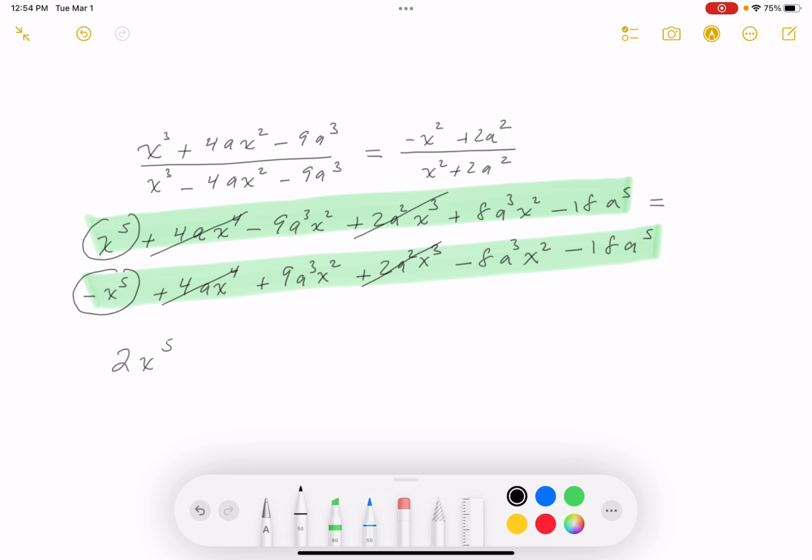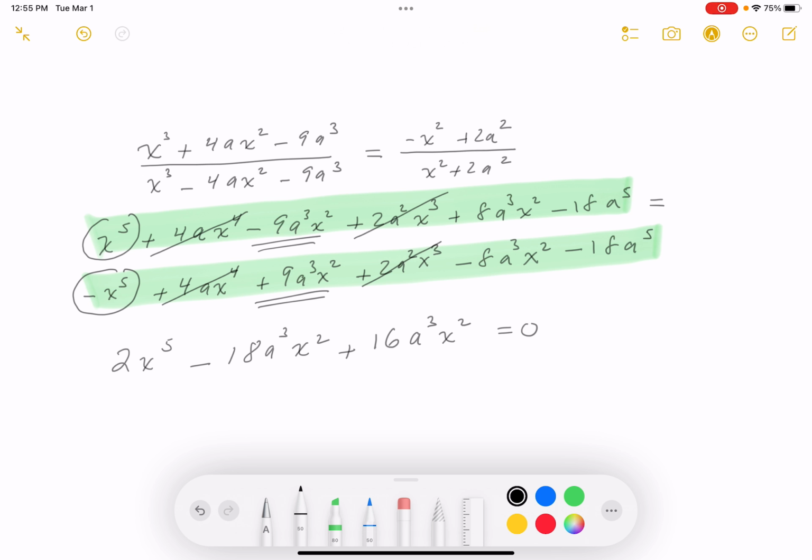You're going to get minus 18a cubed x squared. I take care of these two here by subtracting 9a cubed x squared from both sides. And let's see what else you're going to get. You're going to get plus 16a cubed x squared. And that's equal to 0.